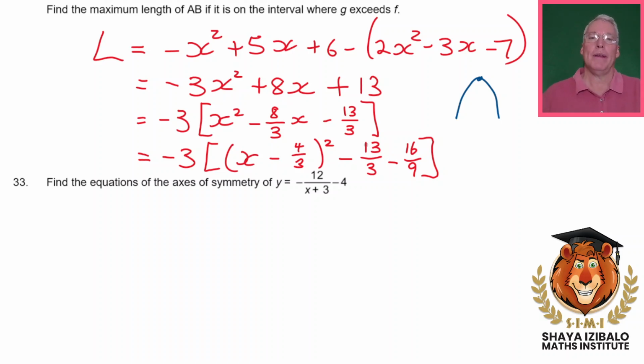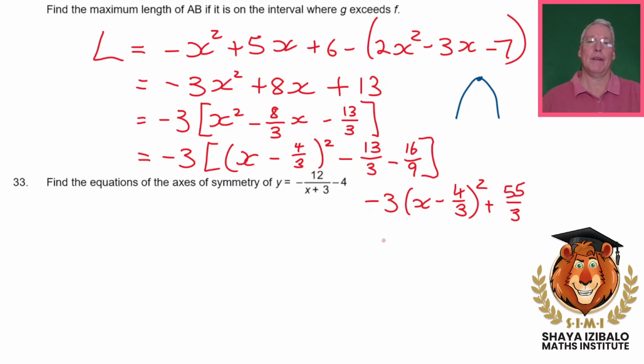This is going to become negative 39 over 9, if I change this into nines, minus 55 over 9. When I multiply the minus 3 back in, I'm going to get 55 over 3.